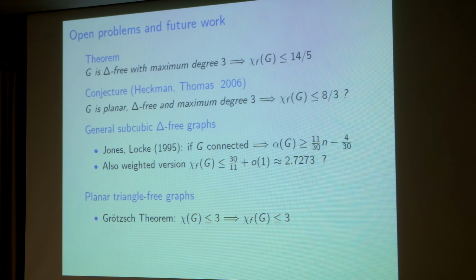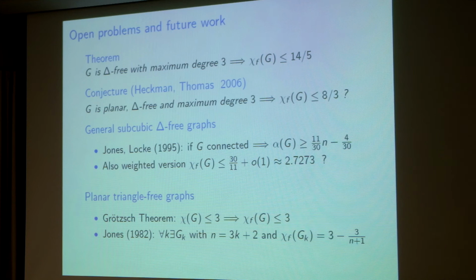And also, one last thing I would like to mention: I told you at the beginning about Grötzsch's theorem, which says that triangle-free planar graphs are 3-colorable, so they are also fractionally 3-colorable, which immediately follows from the definitions.